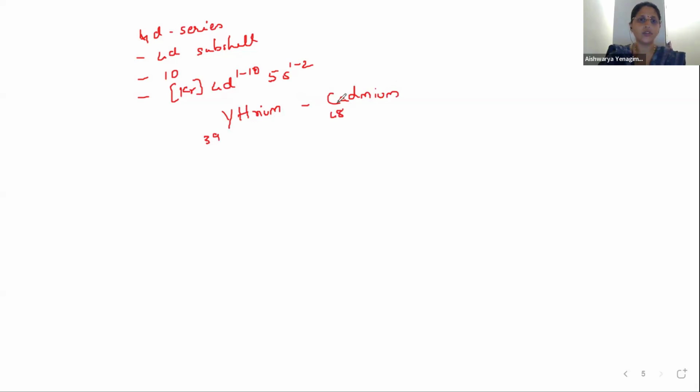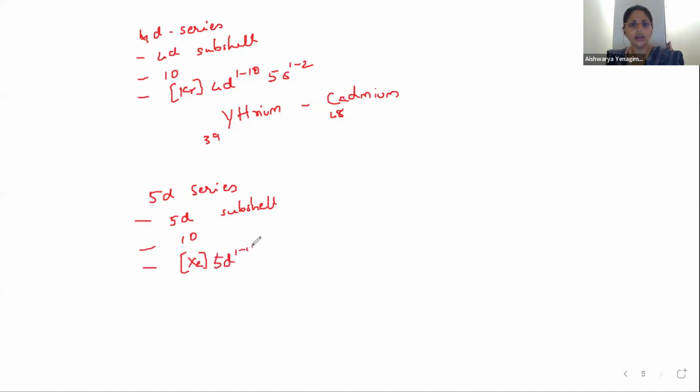So you need to know some of these things about the 3d, 4d, and 5d series. When we talk about the 5d series, it also accommodates the filling of 5d subshells. Here also there are 10 elements. The noble gas configuration comes out to be xenon. You write the noble gas core, 5d 1 to 10 and 6s 1 to 2.